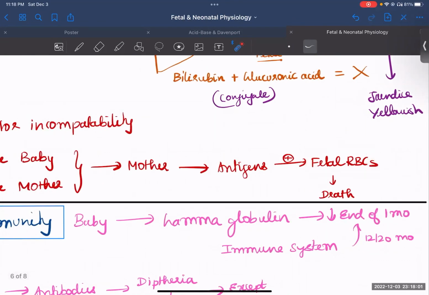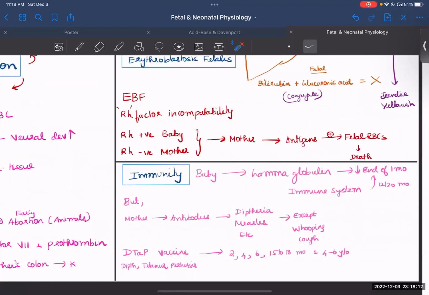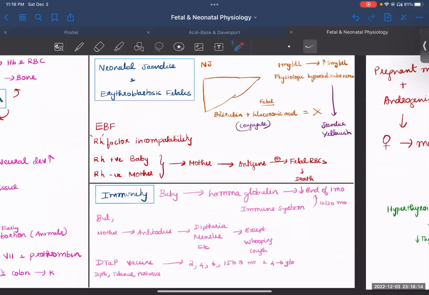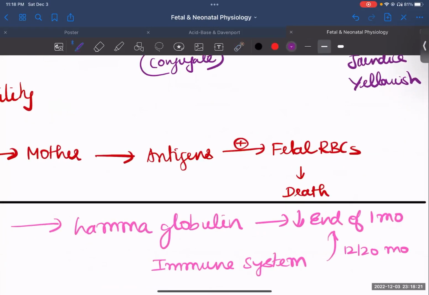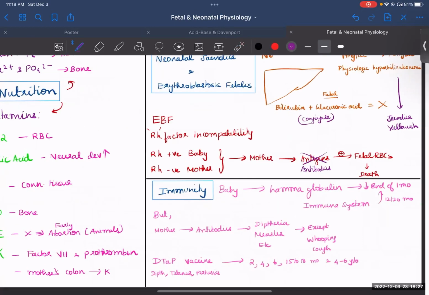And as a result, these fetal RBCs will be destroyed, and as a result, the baby will die. Okay, so these are the two important conditions, neonatal jaundice and erythroblastosis fetalis. I'm really sorry, just make a correction here. The mother will produce antibodies against the fetal RBCs, not antigens.